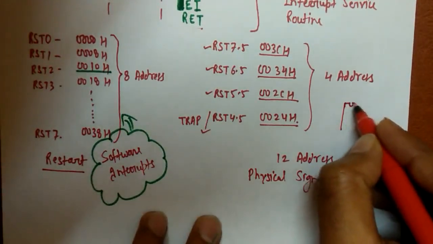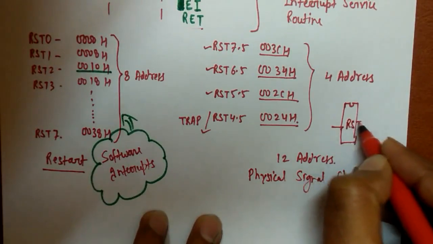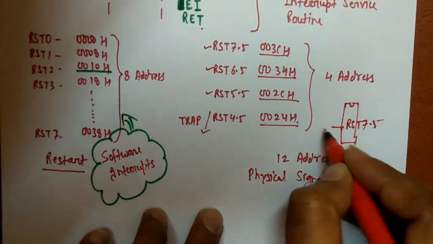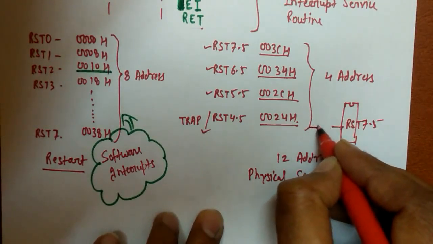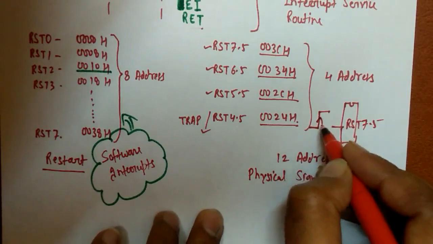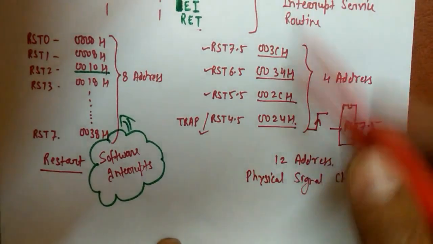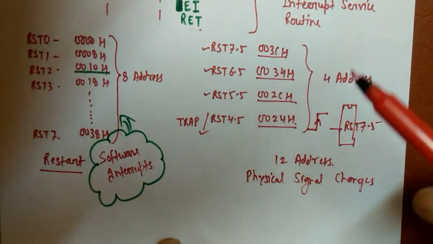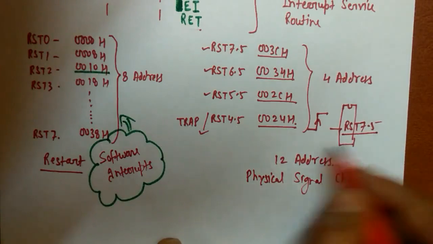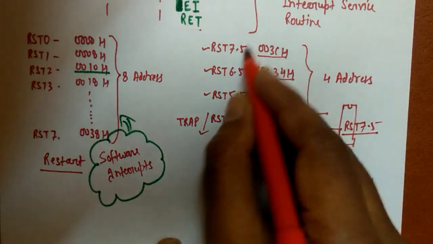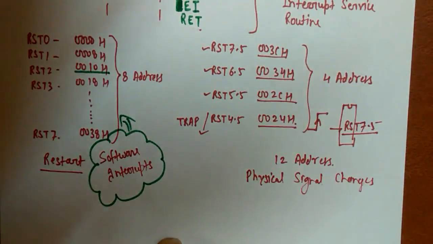This is our microprocessor, and assume that this is RST 7.5. So if a signal change happens here, that means a rising edge, then the microprocessor will leave the current instruction whatever it is running, and it will jump to the address assigned to RST 7.5, and that is 003CH, and the microprocessor will run the instructions written at that address.